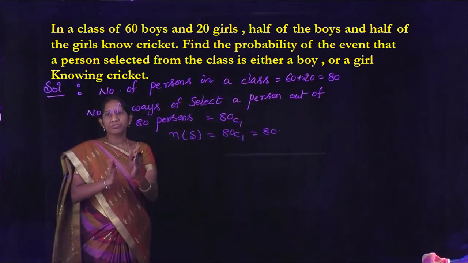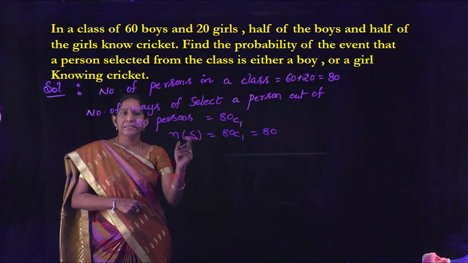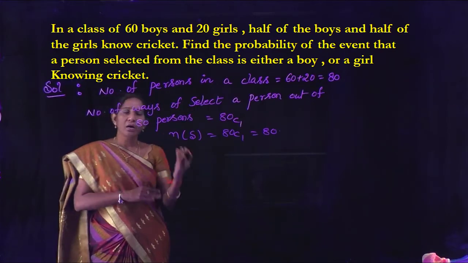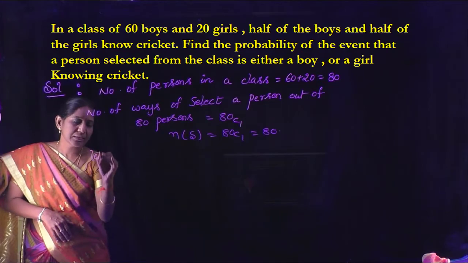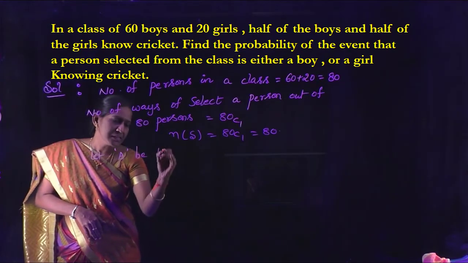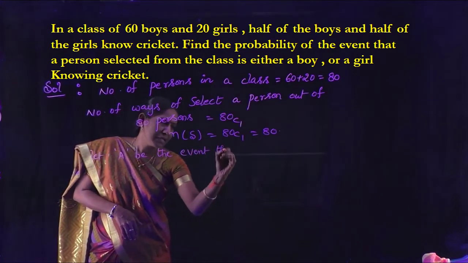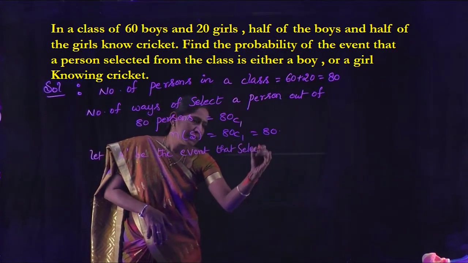Now we have to find the probability of the event that the selected person is either a boy or a girl knowing cricket. That's why let A be the event that the selected person is a boy.